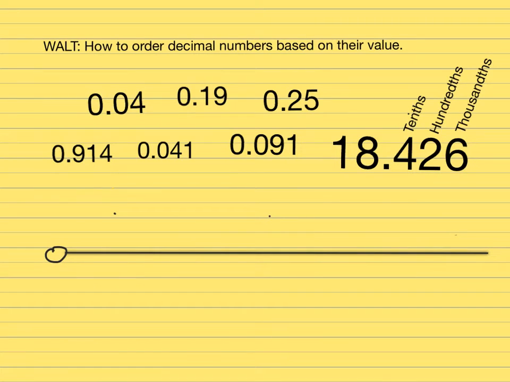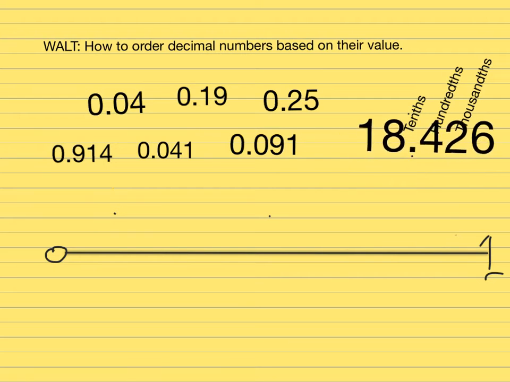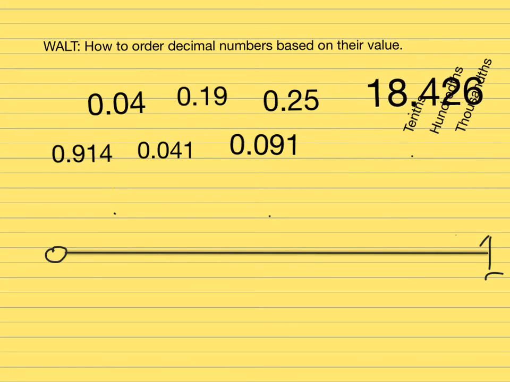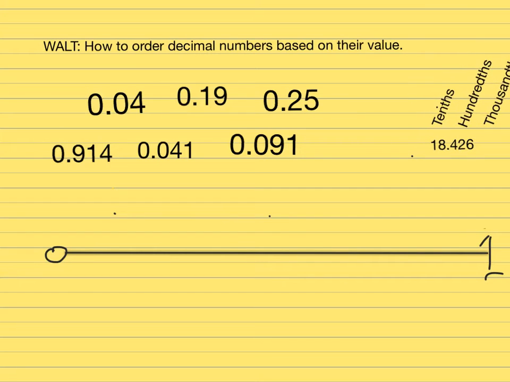This time our number line has extended from 0 all the way to 1, and I'm going to see if I can place all of these 6 on the number line. Don't worry too much about this 18 area. That's just to show you something else with regard to decimals. We'll put that just at the top there and reduce that down and over there as well. Okay.